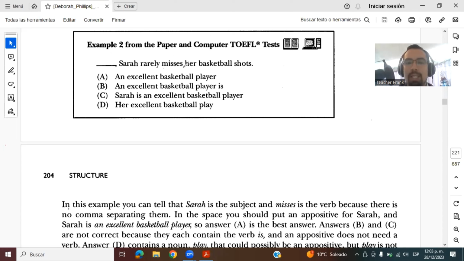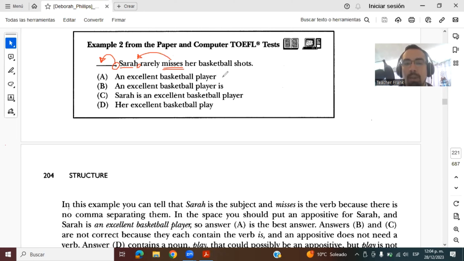So misses is my verb. There's no comma here, right? So we can say confidently that Sarah is my subject, and there's a comma here. So what is probably going to be here is going to be the appositive. So we need just a little bit of extra information about Sarah.